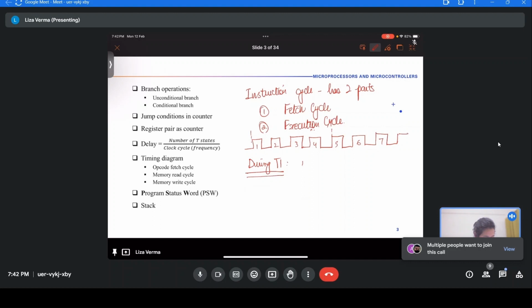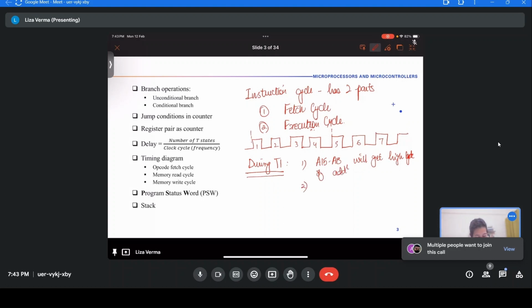So one thing that will happen is A15 to A8 will get the higher byte of the address.